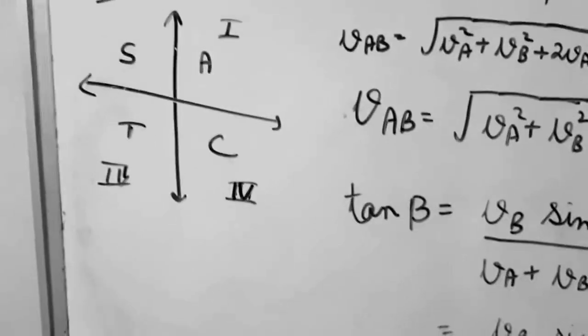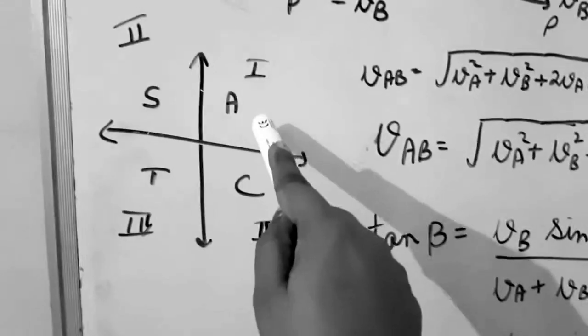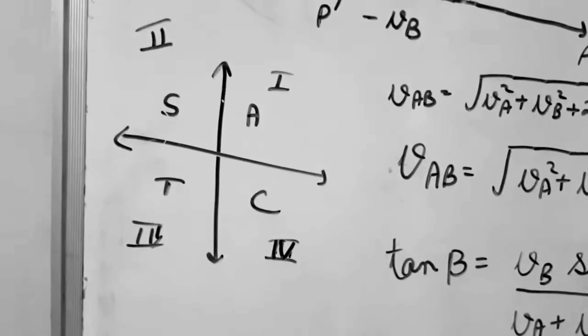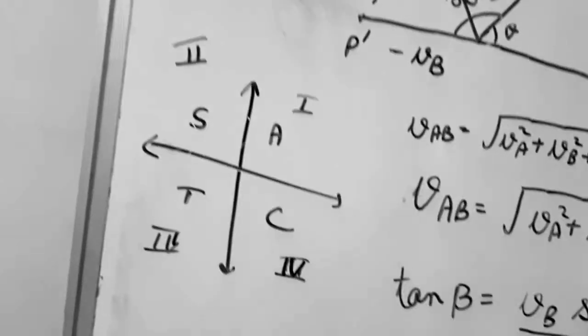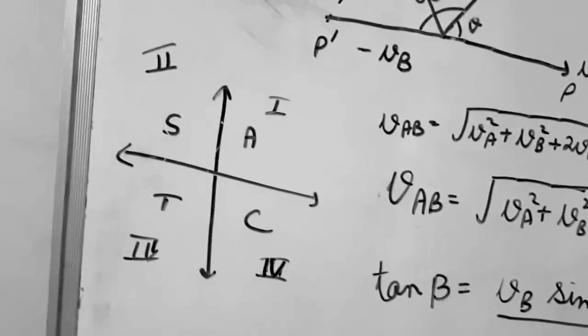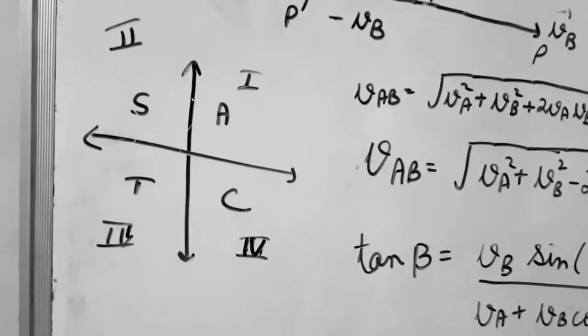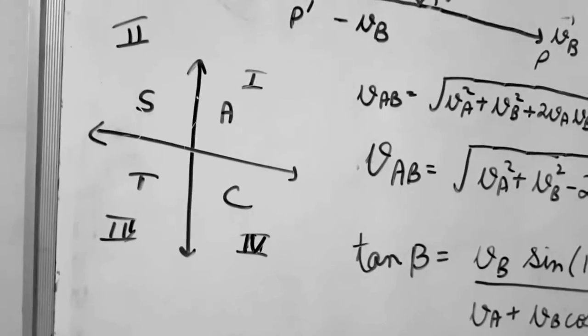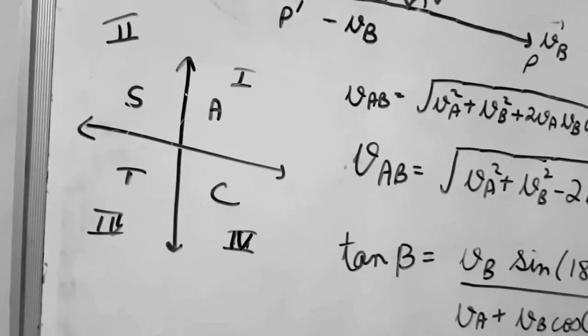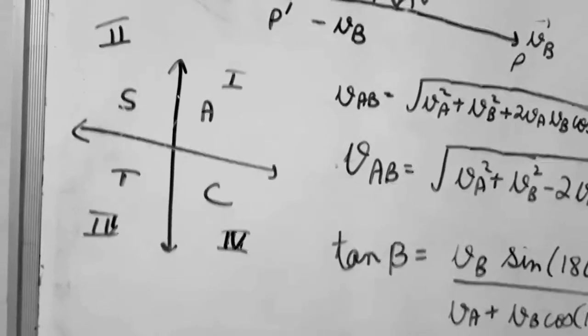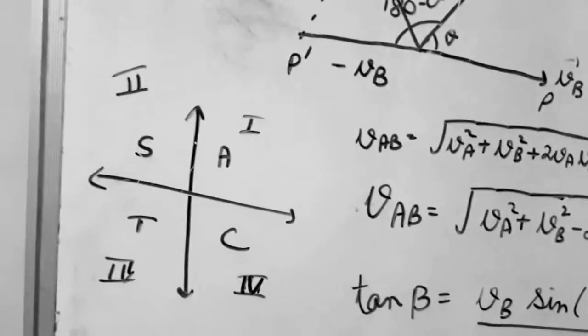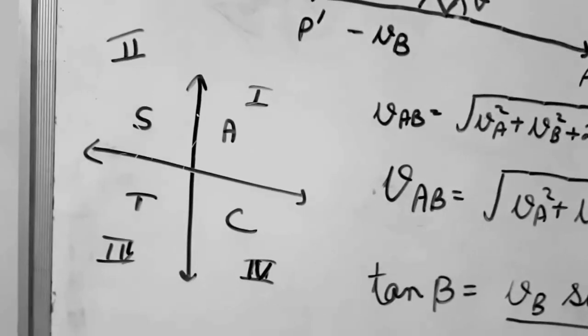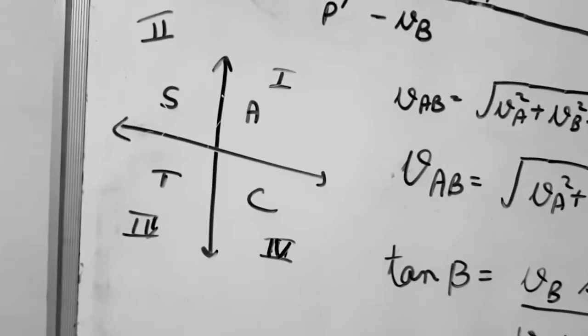So here you can see that I have written ASTC. This means that in the first quadrant all the quantities, that is sine, cos, tan and their inverses secant, cosecant and cot, all are positive. In the second quadrant S means only sine and cosecant are positive.